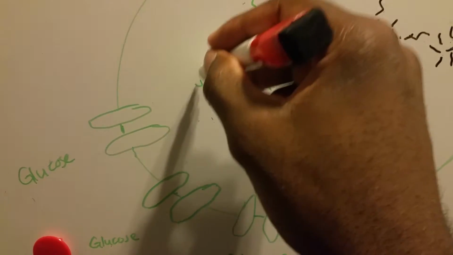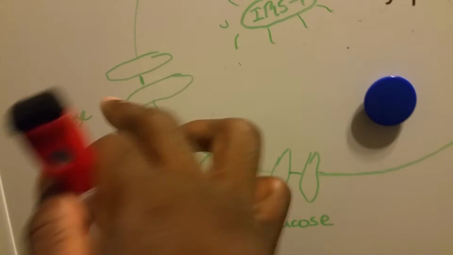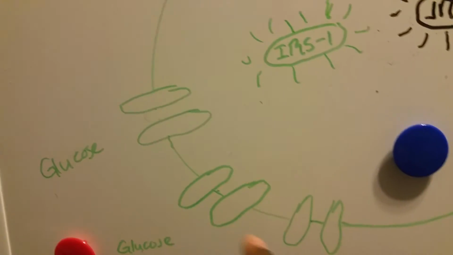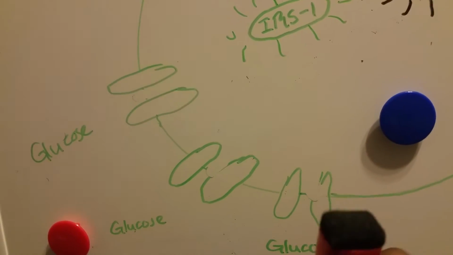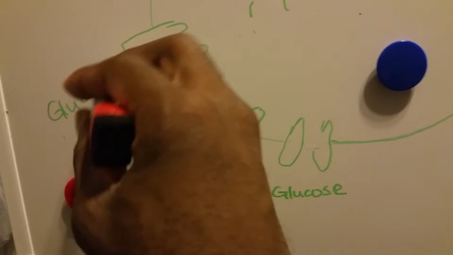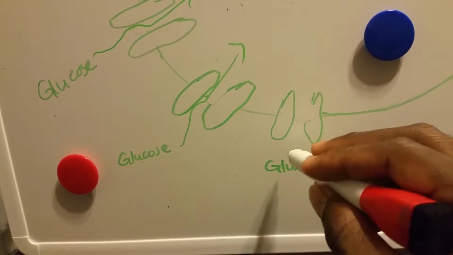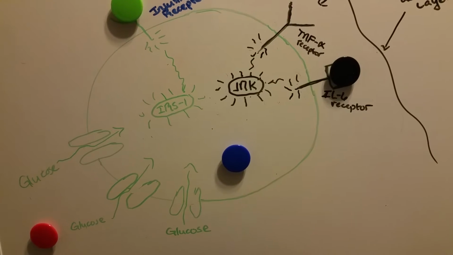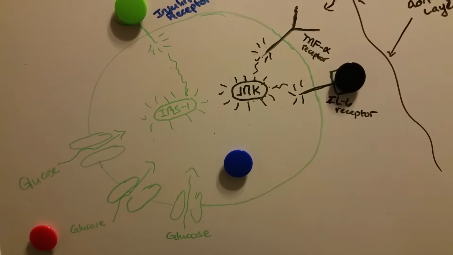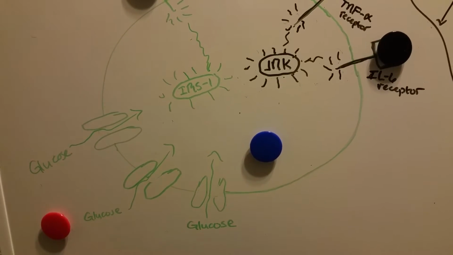IRS1 in its active state opens the pores for glucose to enter into the cell. Once these pores are open, glucose can enter into the cell and be taken up and form glycogen branches for storage. This is the normal pathway in a nutshell.